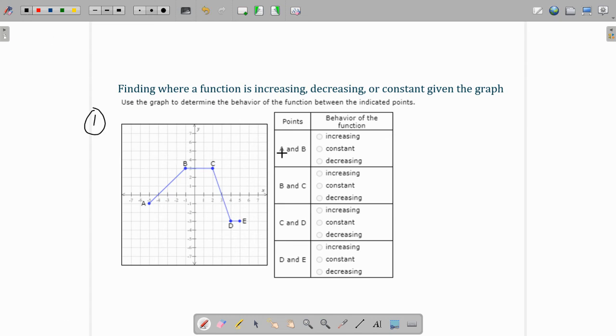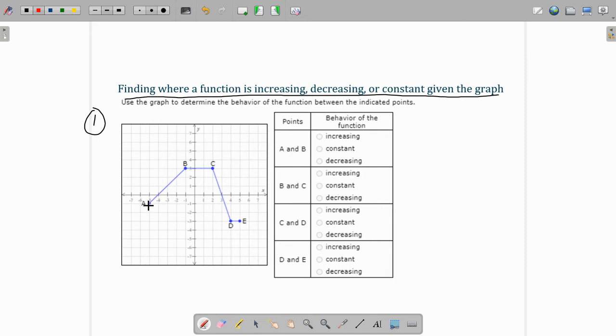Number 1. So they want you to look at each segment and tell me if it's increasing, constant, or decreasing. That's all they want you to do here. I'm hoping this is a nice section for you. Okay, so if you want to try this, I'll pause it. On Alex, you'll just click these. All right, I'm going to continue on.